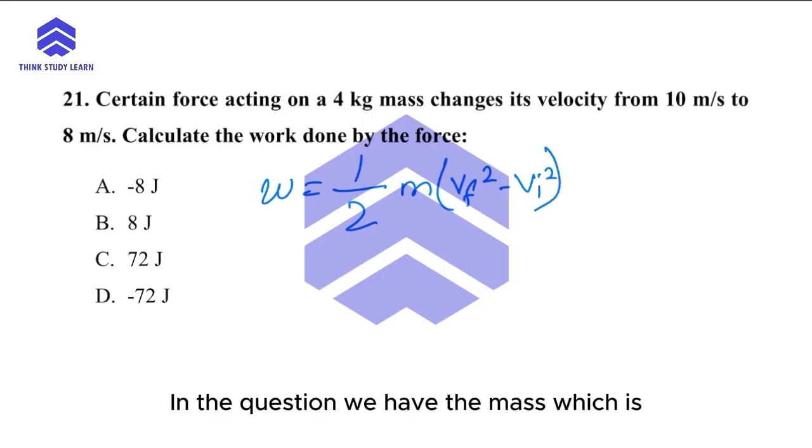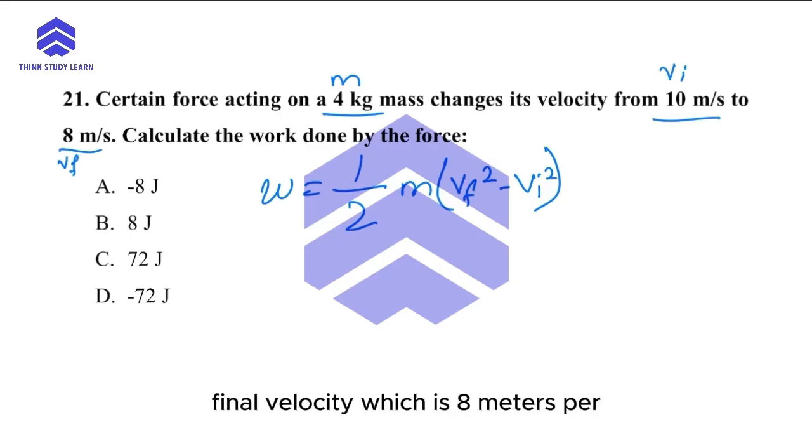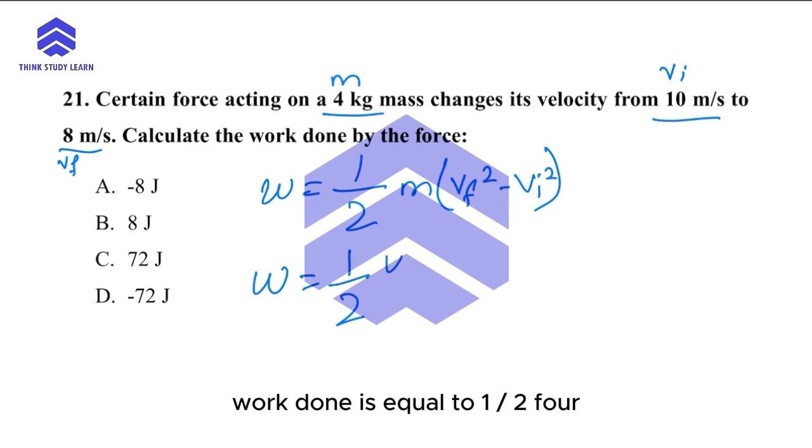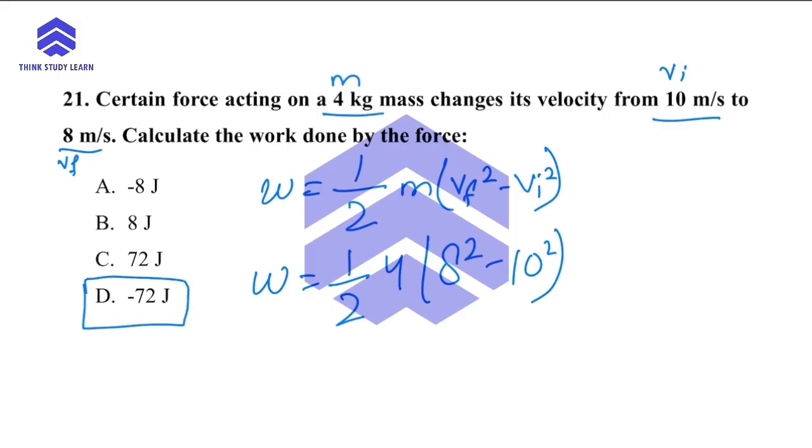In the question, we have the mass which is 4 kg. Then we have the initial velocity which is 10 meters per second and the final velocity which is 8 meter per second. By putting values, we will get work done is equal to 1 over 2 into 4 into (8 square minus 10 square). By simplifying it and solving it, we will get minus 72 joule. Hence, option D is the correct answer.